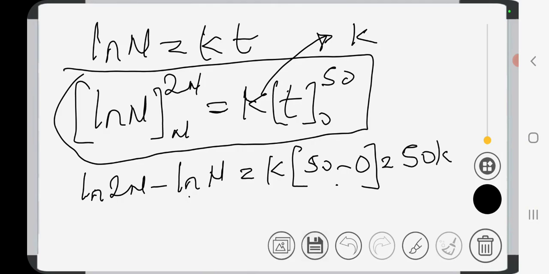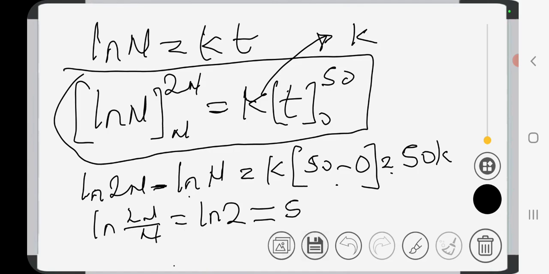According to the law of logarithm, subtraction of logarithms means we divide, so it's going to be ln of 2n divided by n. The n cancels n, and that gives us ln 2. So ln 2 is equated to this 50k that we have here. Take note of that.